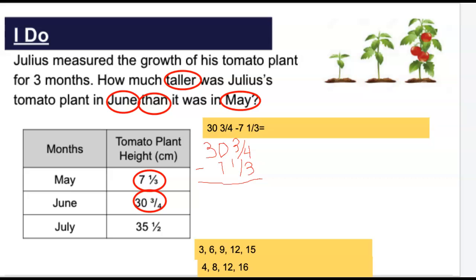So in my problem, now I'm going to convert 3/4 and find an equivalent fraction for it. Using the information from my table, I am going to put my whole number and then make my 3/4 using the number 12 as my denominator.